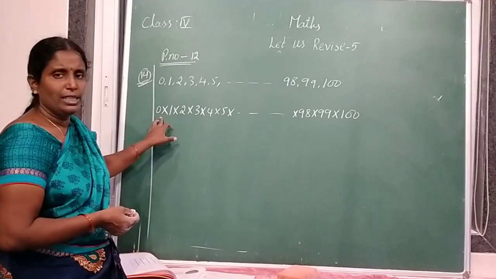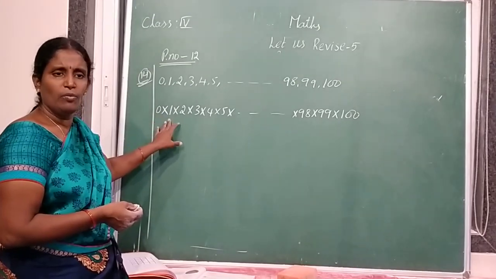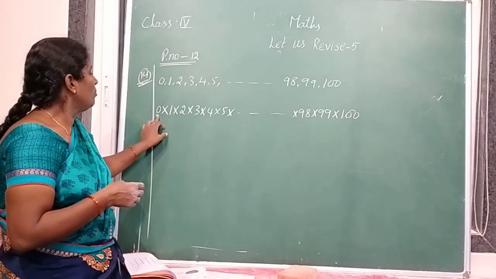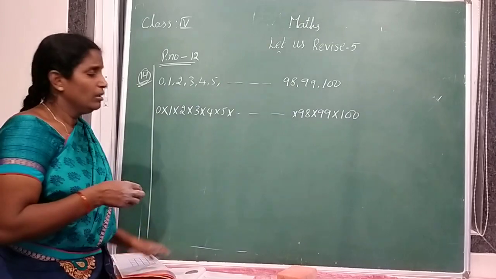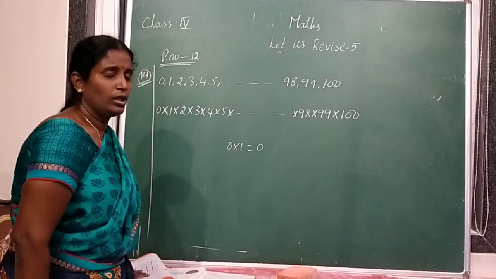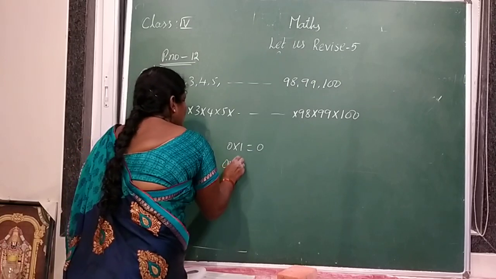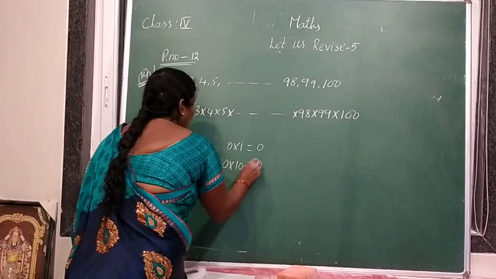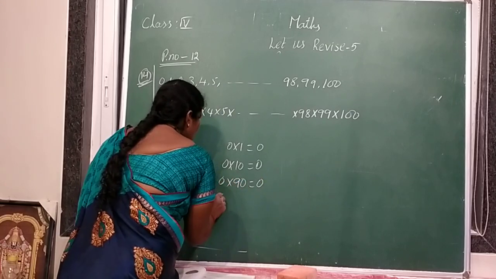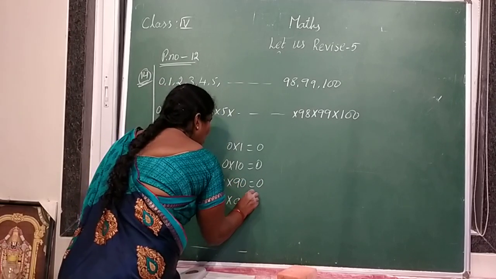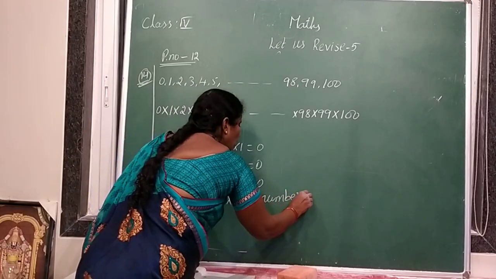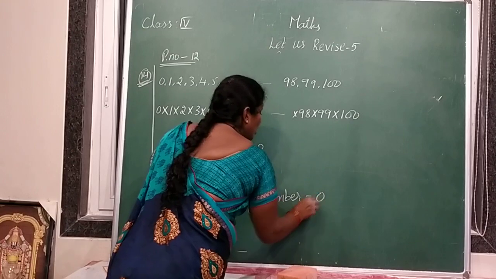0 into 1 is 0. And simple logic, if you multiply any number by 0, 0 into 10 is 0, 0 into 90 is also 0. 0 into any number is 0 only.